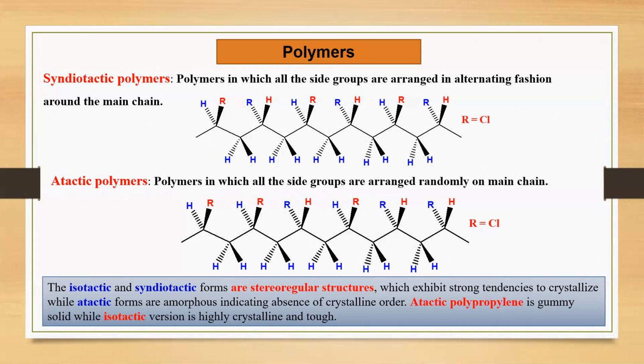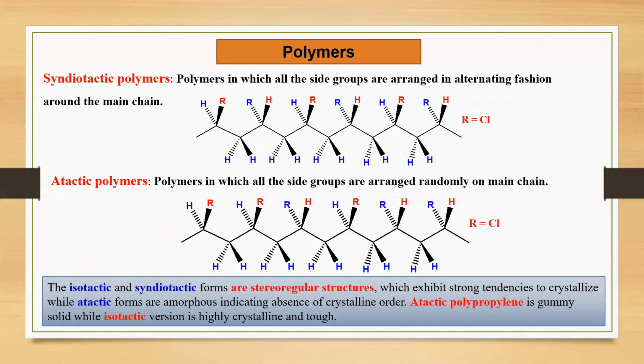Since they can interact, they have strong tendencies to crystallize. That is, they occur in crystalline form. They have good strength. While the atactic forms are amorphous because they do not follow a certain order, and hence they do not have crystallinity in them. That is, they are amorphous in nature.